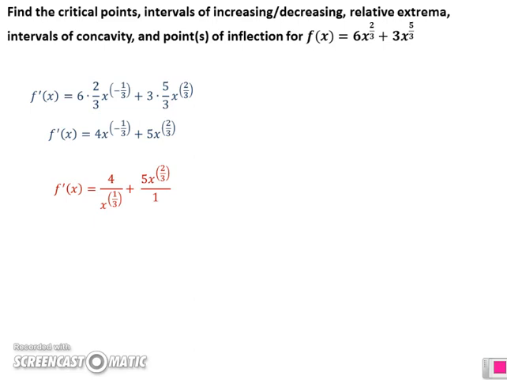So to do that, you need to combine the fractions with the common denominator. Common denominator in this case will just be x to the 1/3 power. So we can multiply the fraction on the right, top and bottom, by the x to the 1/3 power. And then just remember, when we're dealing with a situation where we're going to multiply those expressions with the same base, we add the exponents.